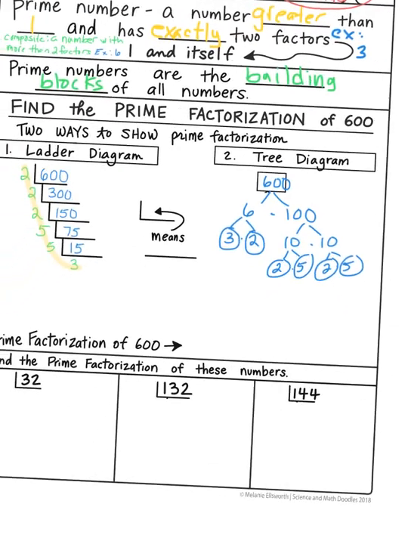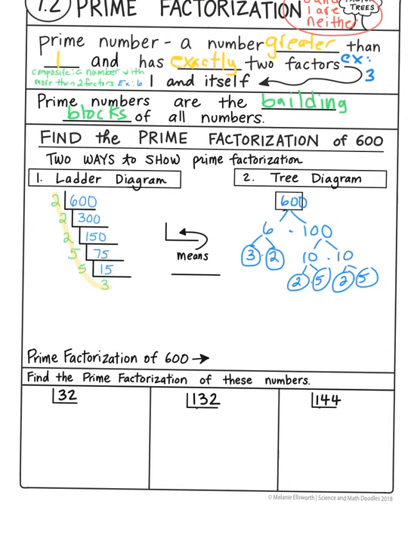And now, if we look at the numbers, we have 1, 2, 3 2's over here. I have 1, 2, 3 2's over here. So the prime factorization of 600 is going to be 2 times 2 times 2. And then I have a 3 over here and a 3 over here, so times 3, and then I have 2 5's here and I have 2 5's here, just showing you that they match up, times 5 times 5.